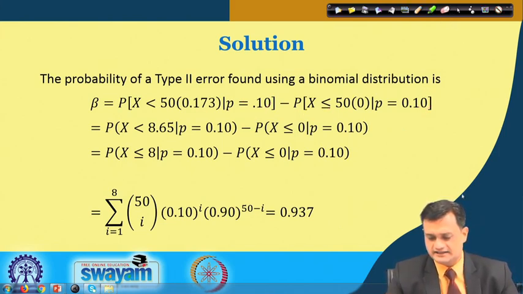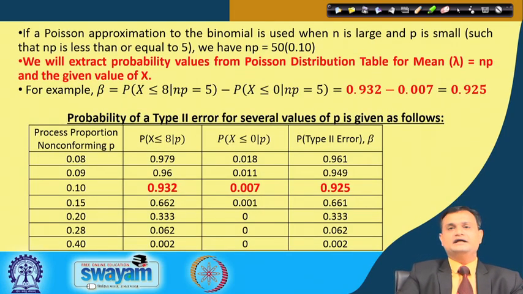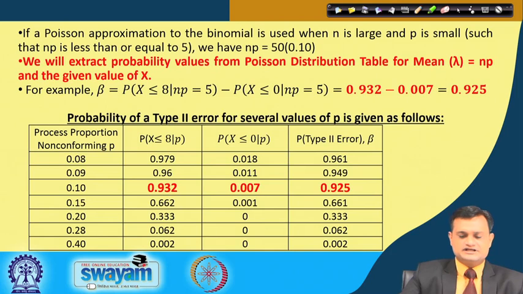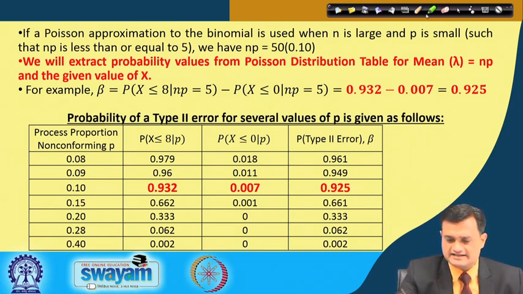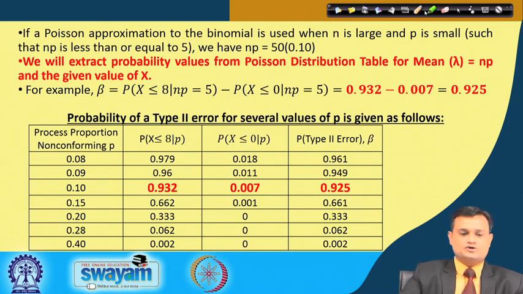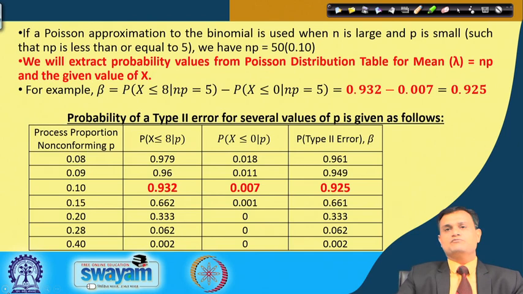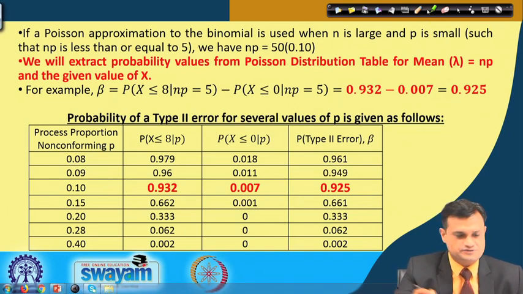Now, once it is done, then you can construct the table, and here I will show you an example. If the binomial is cumbersome, you can use the Poisson approximation also. So, here I have developed the table with the Poisson approximation, and more or less it will give you the same probability value, quite close to the binomial.